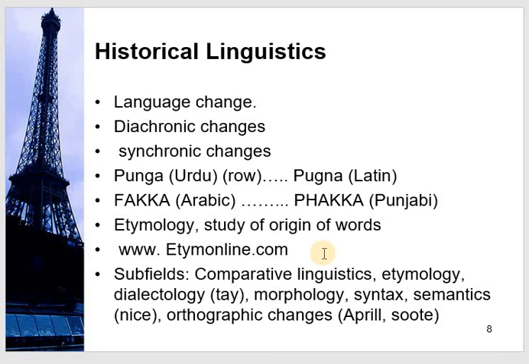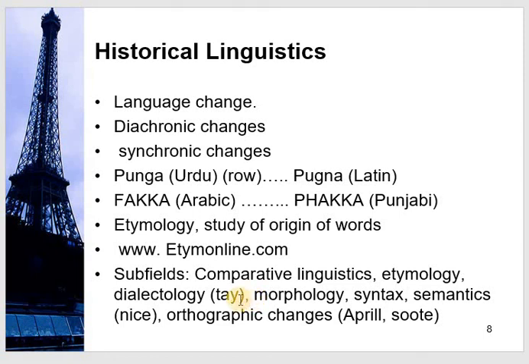There are some subfields of historical linguistics. They are called comparative linguistics, as we are talking about comparison. There is also etymology, the study of origin of words. There is dialectology, the study of different dialects, like the word tea.